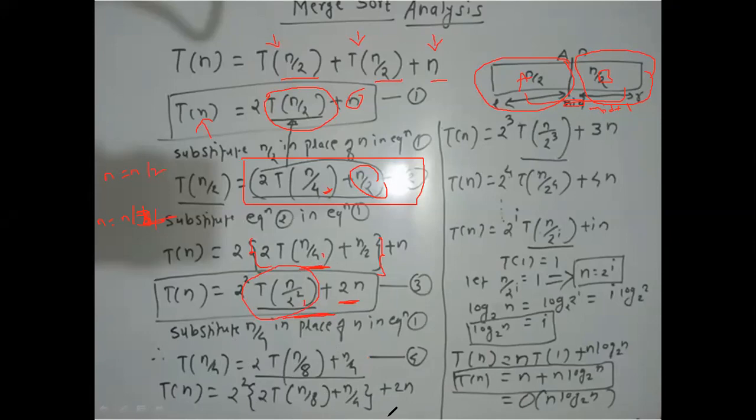Then we multiply this. By multiplying, here 2 into 2 gets 2 cube, plus we write 8 as 2 cube here, plus here 4 cancels, 2 plus 1, 3n.